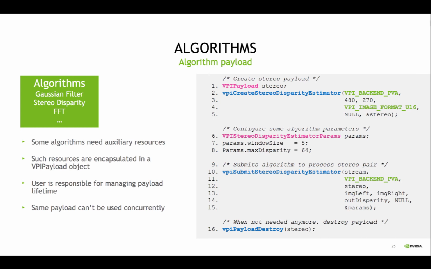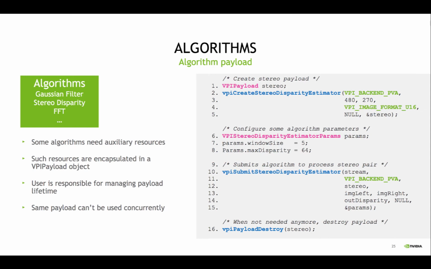The user is responsible for managing its lifetime. First, you call a function that will create the payload. Then you submit the algorithm to a stream along with the payload and other parameters. When the payload is not needed anymore, you just destroy it. The same payload can be used in multiple algorithm instances sent to the same or different streams.